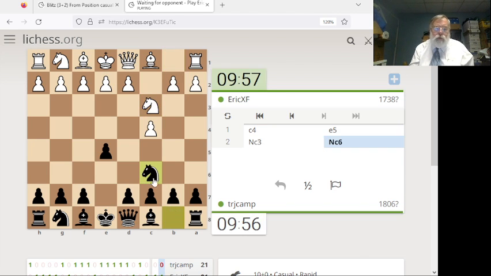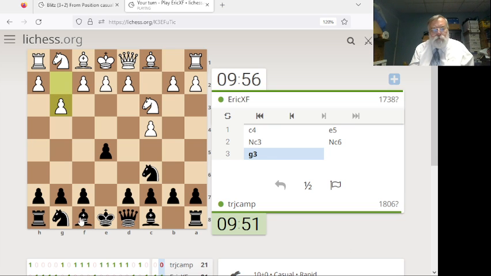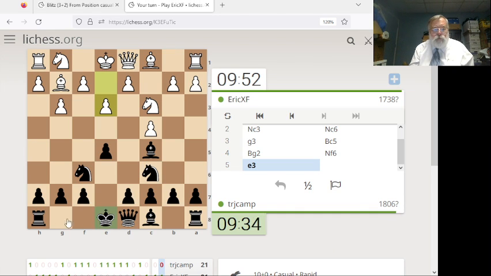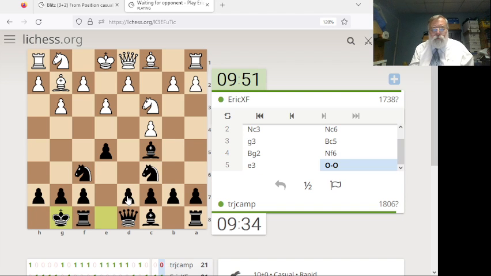I think I'm supposed to play knight c6 here. Still can't play the black Scotch. So I still got to play this. That takes care of that. Feels so slow, so slow.